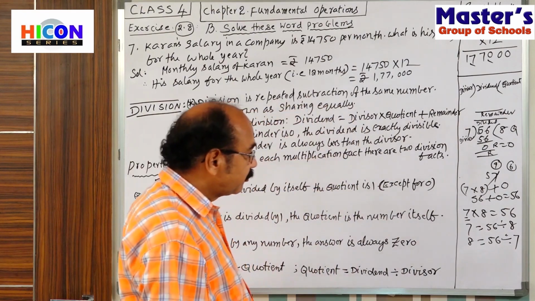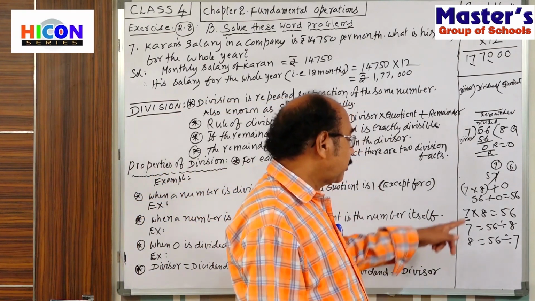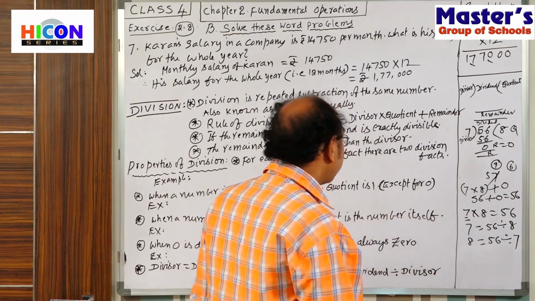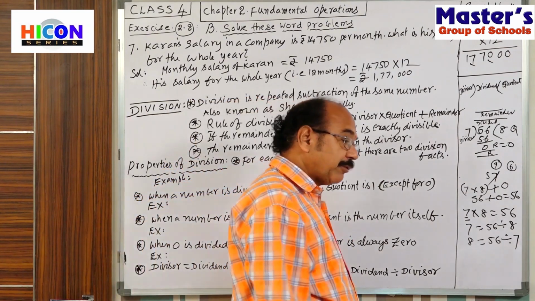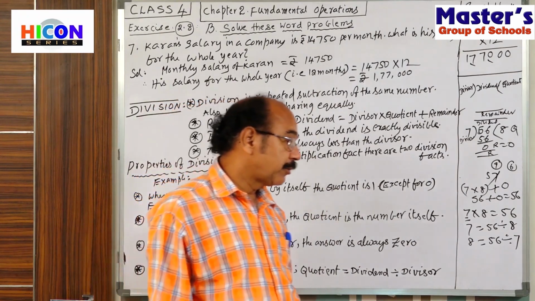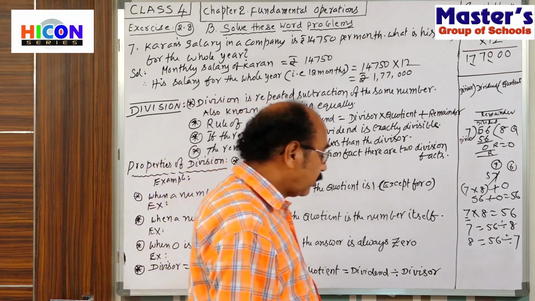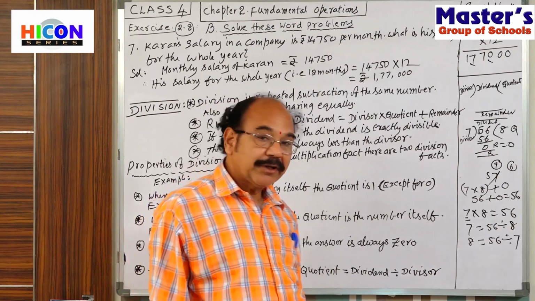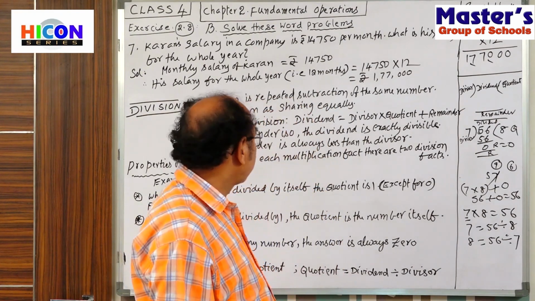That means divisor is equal to dividend by quotient. And quotient is equal to dividend by divisor. These 2 points also we can observe at the same time.